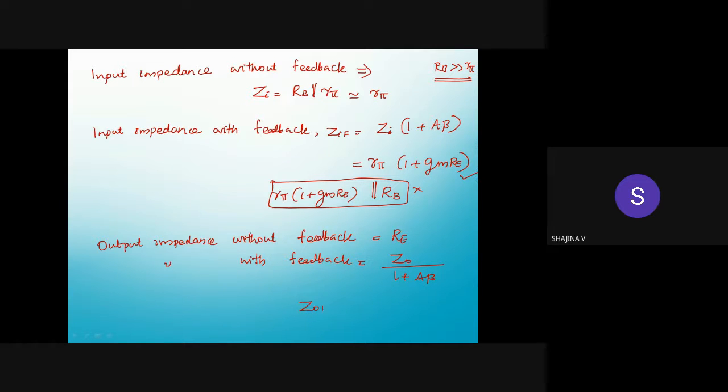So here I can say output impedance with the feedback is equal to output impedance without feedback, that is RE, divided by this 1 plus gm into RE. Okay. So this is the analysis of our common collector amplifier, whose feedback topology is voltage series configuration.